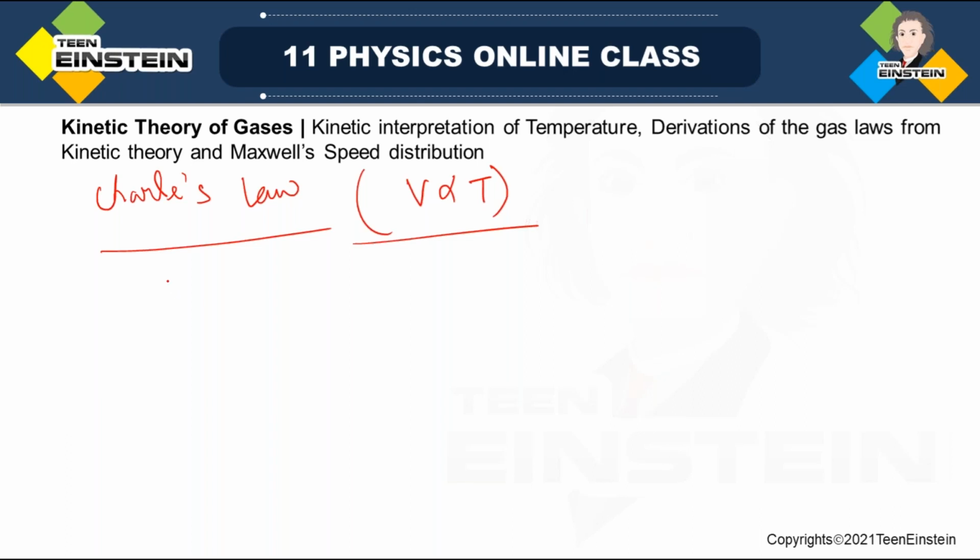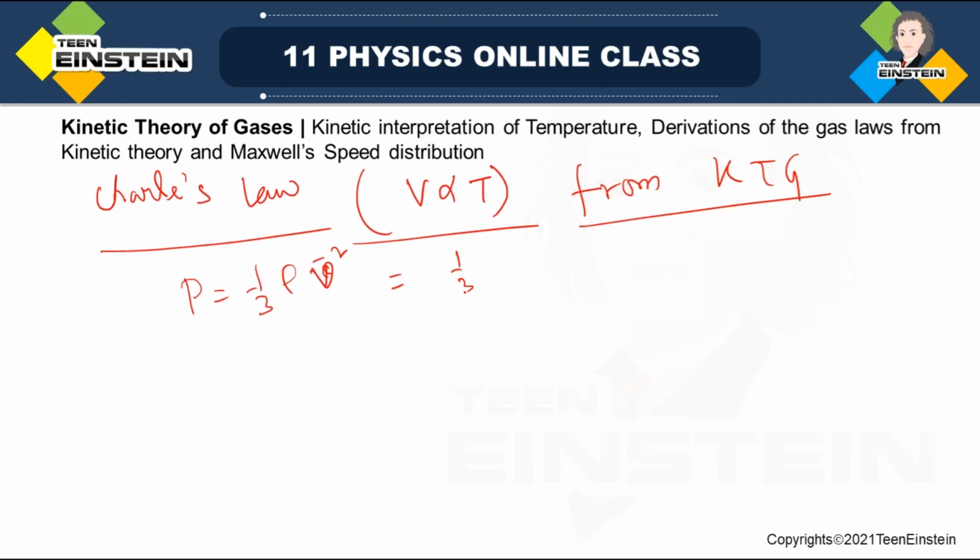So we are deriving Charles law from KTG, the kinetic theory of gas. So we know P is equal to 1/3 rho v average square. Similarly, I'll write over here also, 1/3 capital M by V rho v average square.